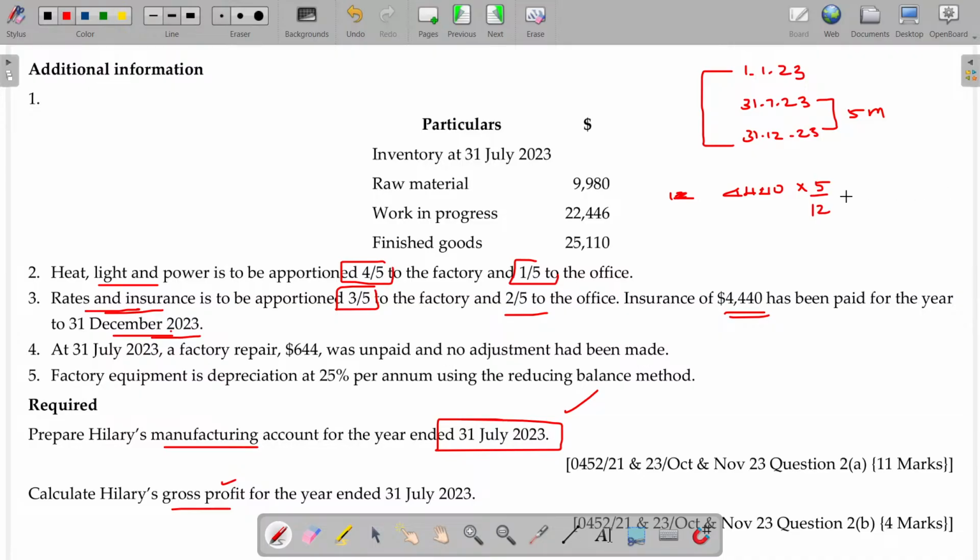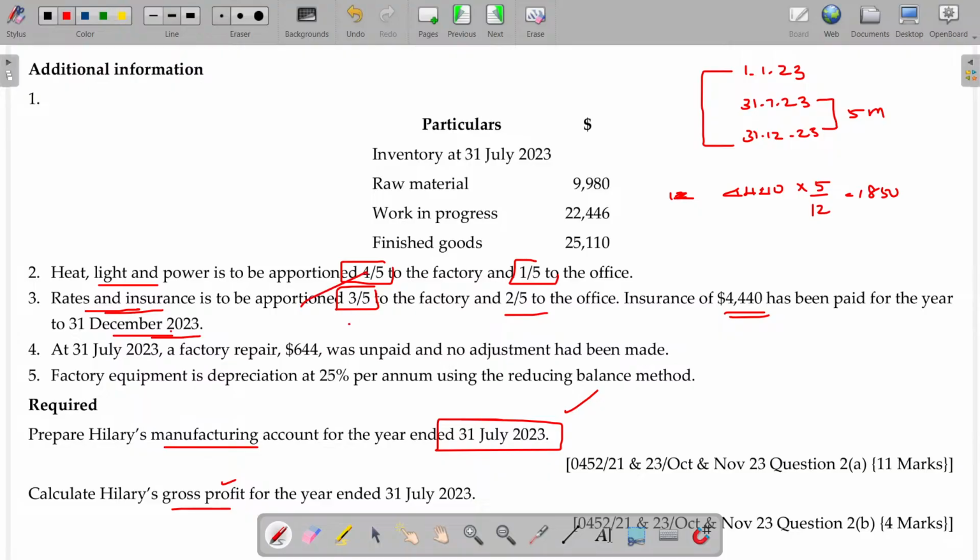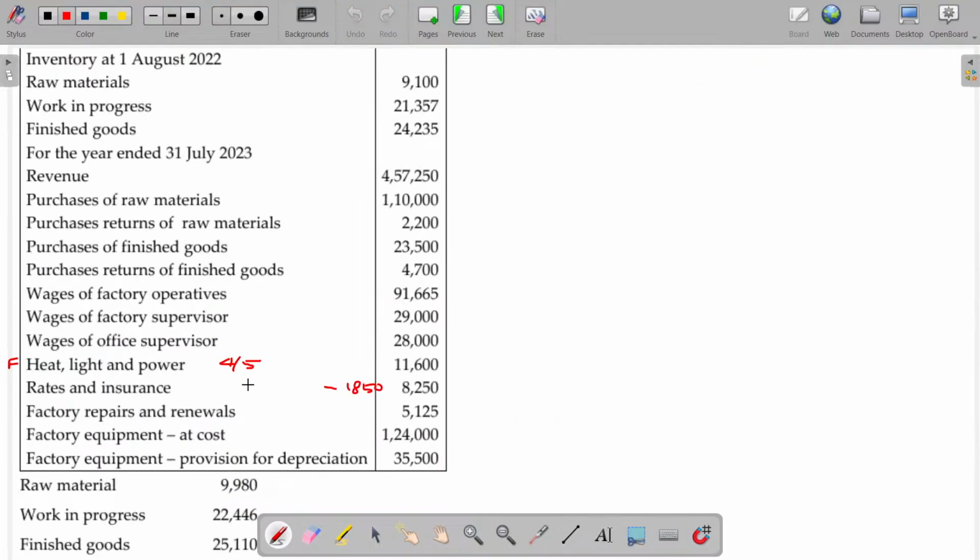How much is that? $1,850. This will be the advance, so it should be subtracted from this one, minus $1,850. Apart from that, 350 is for the factory.